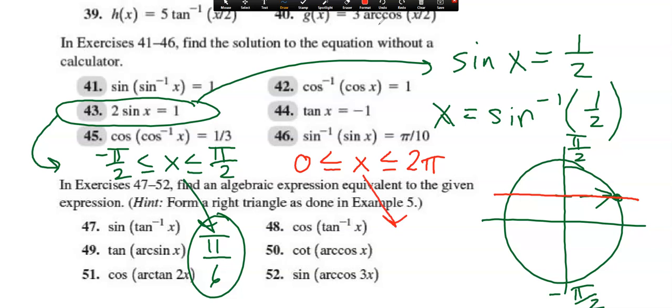So one of the answers better be pi over 6. But is there another? What's the other? 5 pi over 6. Good. So I do think they should be a little bit more specific, because if you only want one answer, you better be kind of narrowing it down. Otherwise, there are gobs of answers to that question.